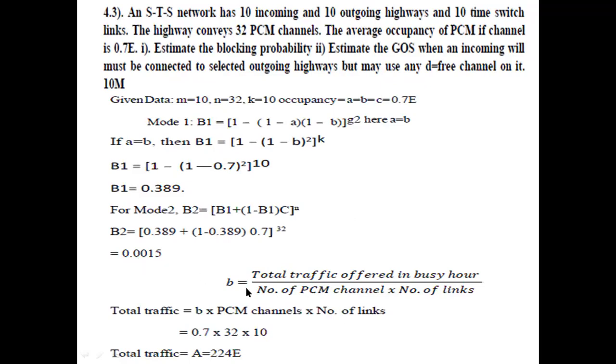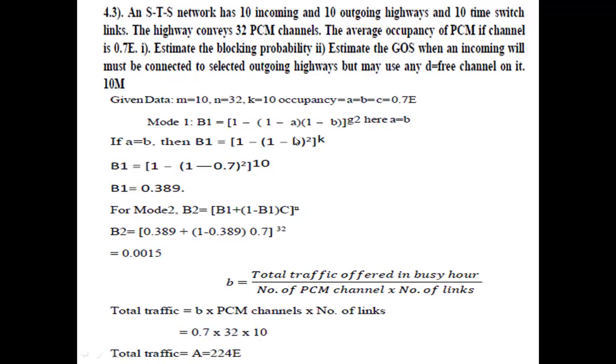Now we use the equation of b, which gives the total traffic, defined by the total traffic offered over the product of the number of PCM channels and the number of links. In order to find the total traffic, you rearrange the above equation, which turns out to be the product of small b times the number of PCM channels times the number of intermediate links, which will give you the total traffic.